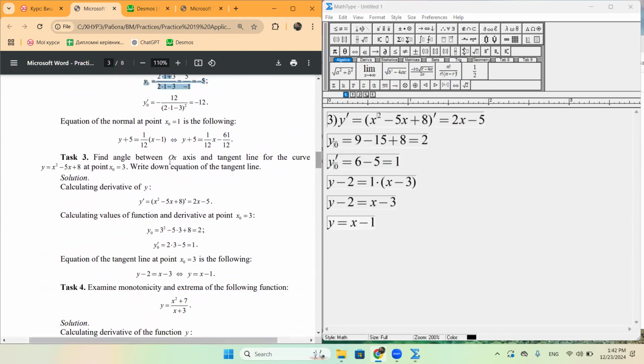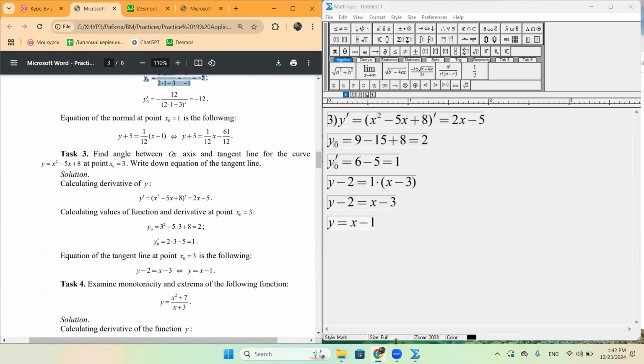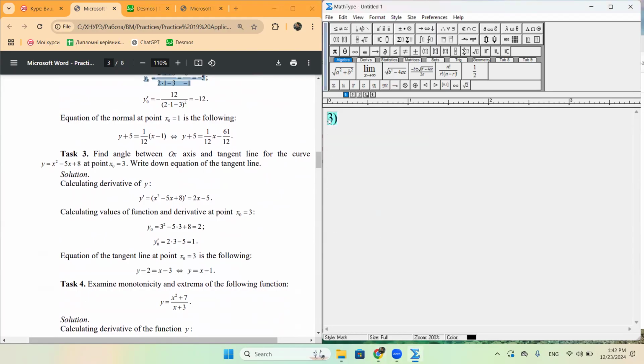investigate functions for monotonicity and find extrema. Let me remind you that extrema are points at which the derivative of a function is 0 and the function reaches maximum or minimum values. So first of all, we need to calculate the first derivative.